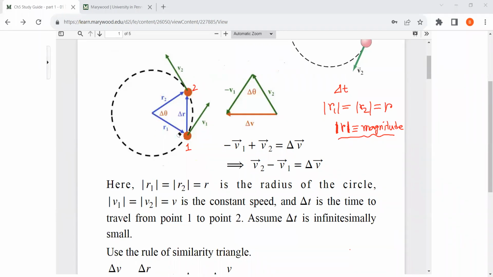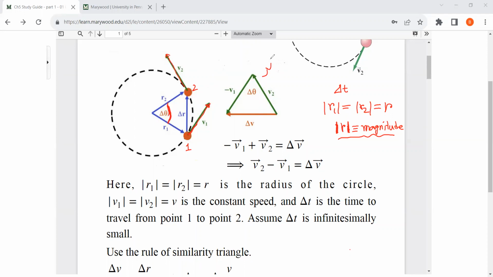You see that r1 and r2 make an angle delta theta. Now if I draw the velocity vector, the velocity vector will be this one for position 1, and this one will be v2 for position 2. Similarly, let's take v1 and v2 here in this vector diagram.